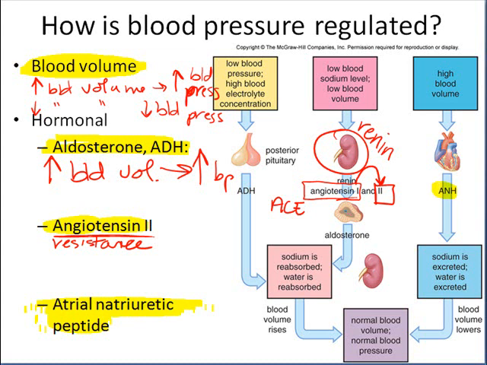This happens, in other words, when blood pressure is high, we release atrial natriuretic peptide, and that helps to lower the overall blood volume by getting the kidneys to secrete more sodium. Okay, and where sodium goes, if sodium is going into the forming urine, water will follow. So we get this secretion of water into the forming urine, blood volume drops, and as a result, blood pressure will drop.